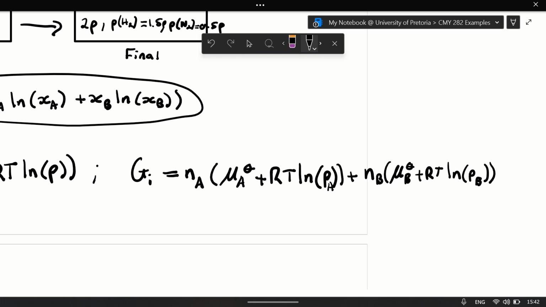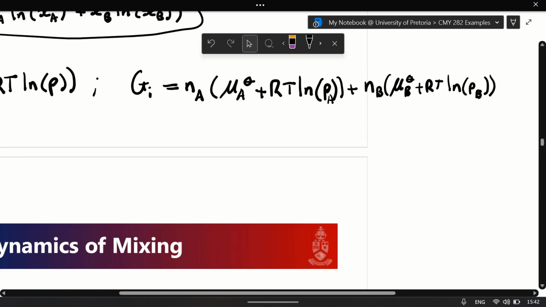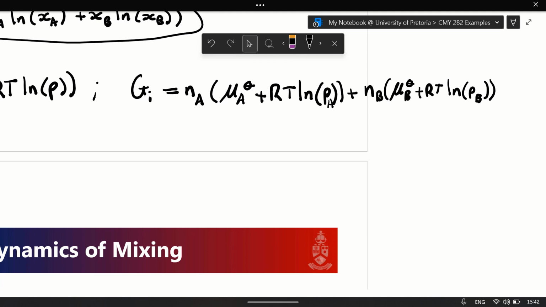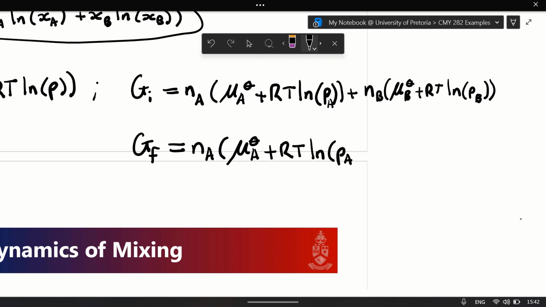But we can also use this equation, of course, to calculate the final Gibbs energy as well. So just again, the number of moles of A times its chemical potential, plus RT ln, of course, of the pressure of the gas A. But now it's actually the partial pressure of the gas A, of course.